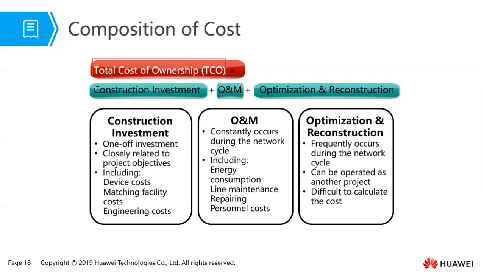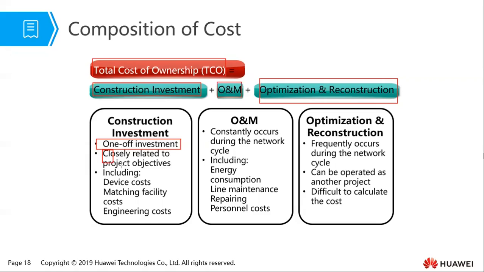In a network project, these might involve the construction investment cost, the operation and maintenance cost, and the optimization and reconstruction cost. Now, the construction cost is one of investment. For example, the money that you're using to buy a router, to buy a switch, to buy cables, to buy air conditioning systems, and any other matching system that is needed.